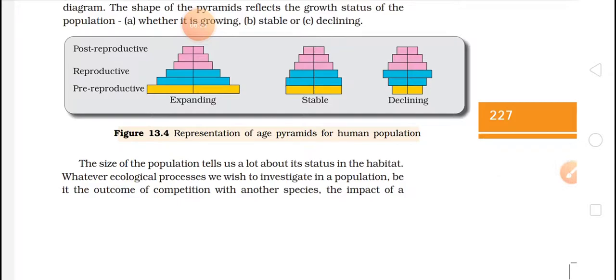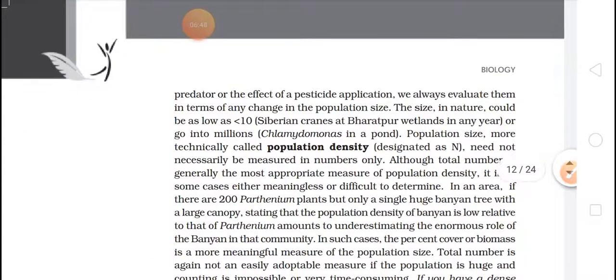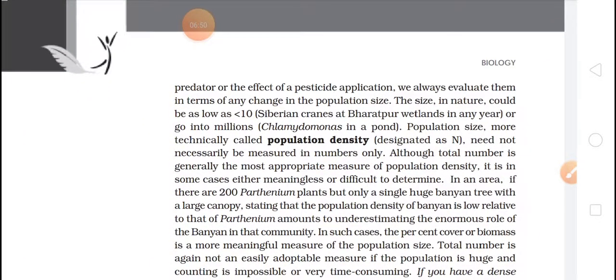Okay, the size of a population tells us a lot about its status in the habitat. Now seeing this pyramid, we can simply say how this population is in an ecology. Whatever ecological processes we wish to investigate in a population, be it competition with another species, the impact of a predator, or the effect of pesticide application, we will always evaluate them in terms of any change in population size.